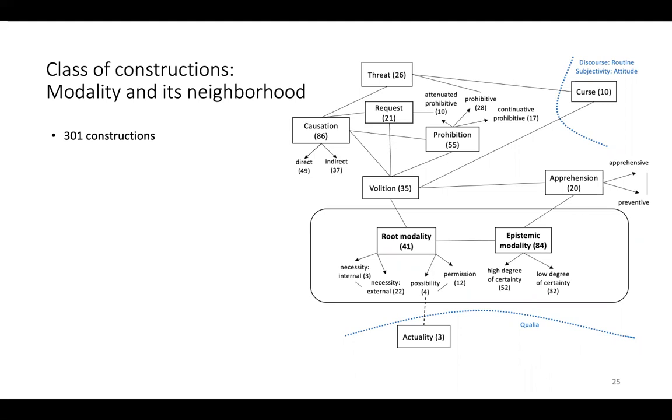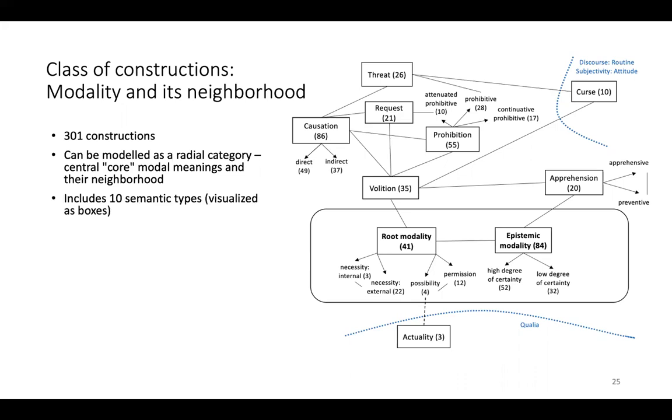On the other hand, we consider categories closely related to modality as its neighborhood, and we suggest that the neighborhood includes volition, causation, request, threat, prohibition, apprehension, and curse. In other words, we model this class as a radial category centered around the core root and epistemic modal meanings, and also including several peripheral categories.